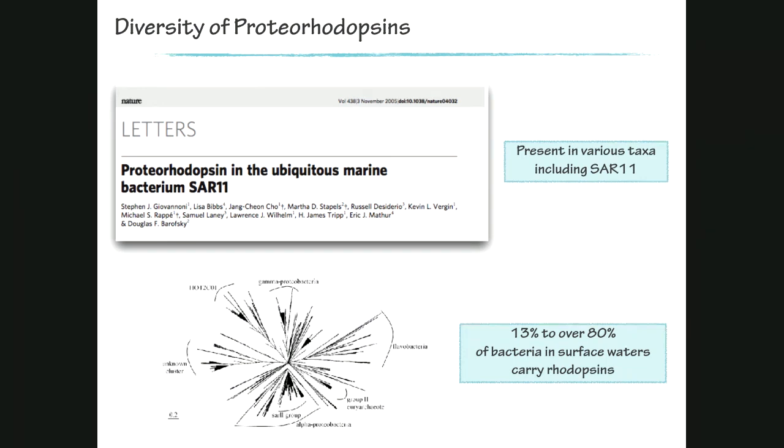And this took relevance when the SAR11 genome sequence was completed, and it was shown that SAR11, this very abundant clade in the ocean, contains the gene for proteorhodopsin.